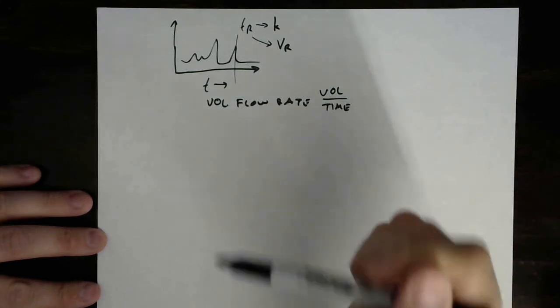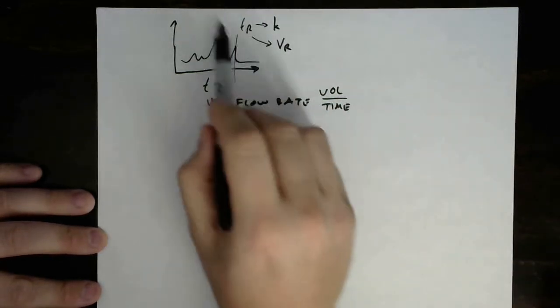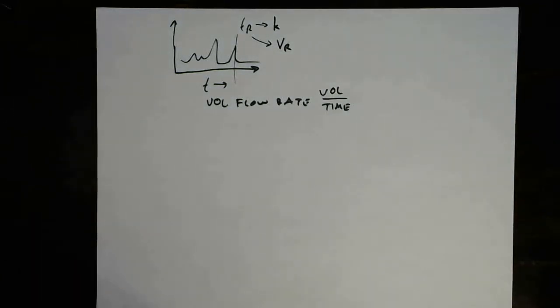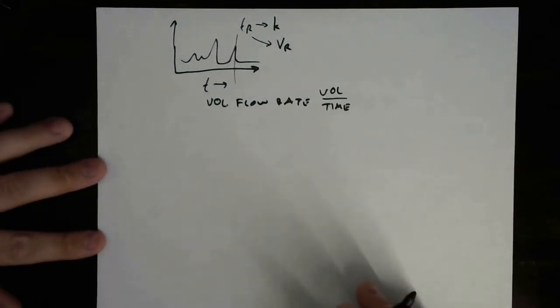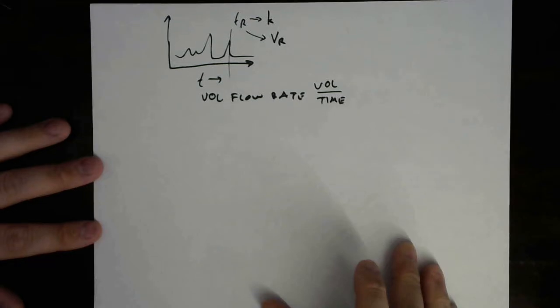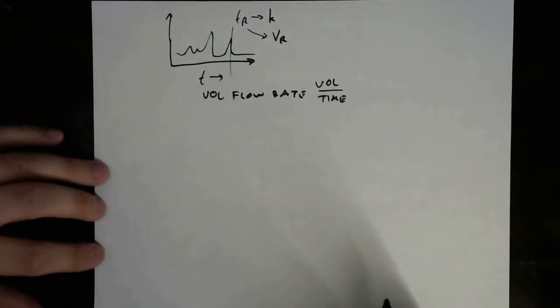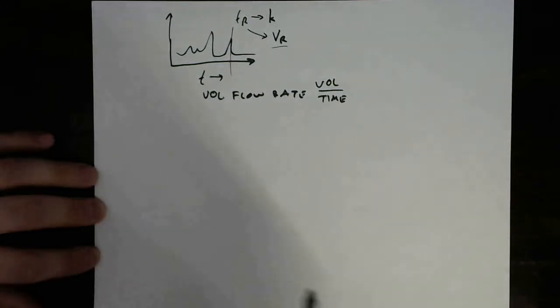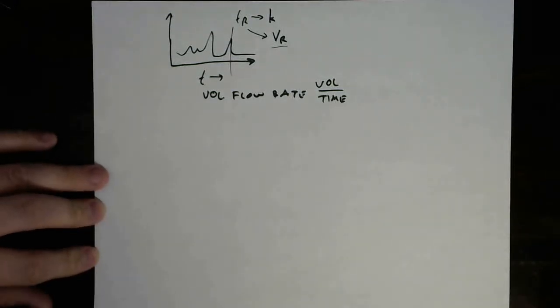And pretty much all the math that we've done that applies to T_R applies to V_R. We just need to put our brains into the volume way of thinking. So let's talk about, in terms of retention volume, what these total inclusion and total exclusion things mean.